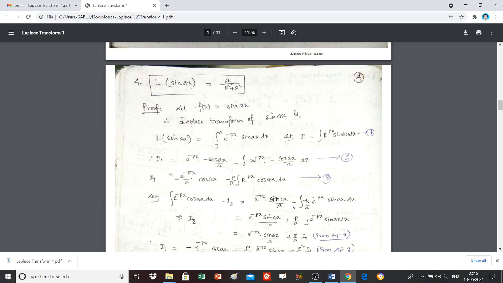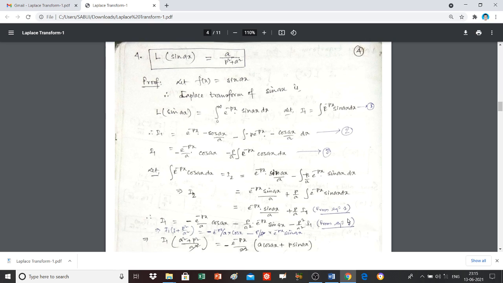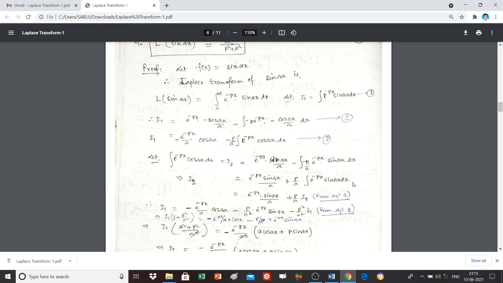After that minus, then differentiate e to the minus px, that is minus p e to the minus px, then integrate cos ax, that is sin ax by a, then dx. So I2 is equal to e to the minus px sin ax by a, then this negative sign gives a positive sign, p by a, the integral of e to the minus px sin ax dx.